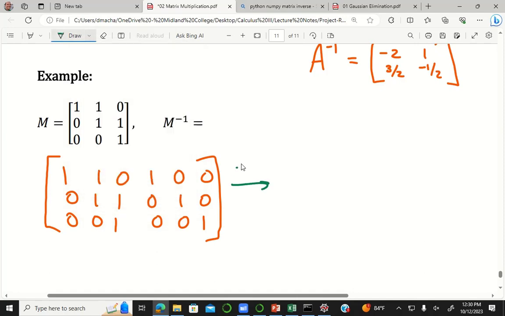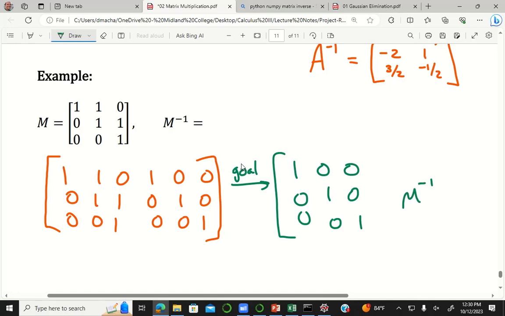Of course, the goal is that we will end up with an identity matrix augmented with the inverse matrix that we're looking for, which should be a 3 by 3 matrix.